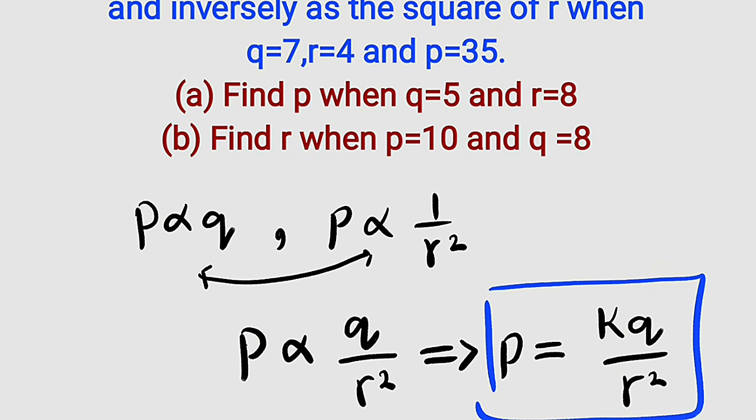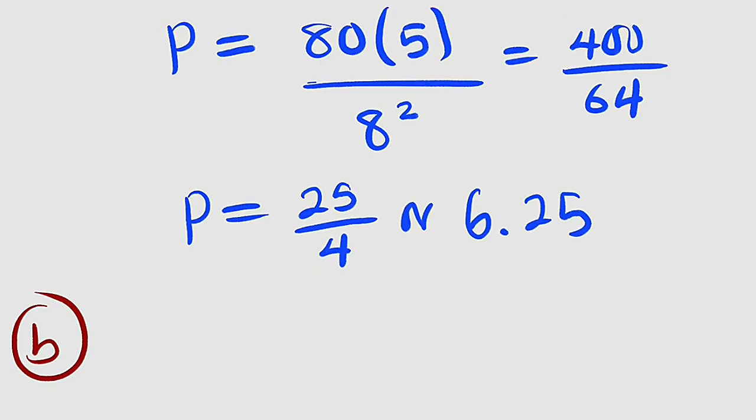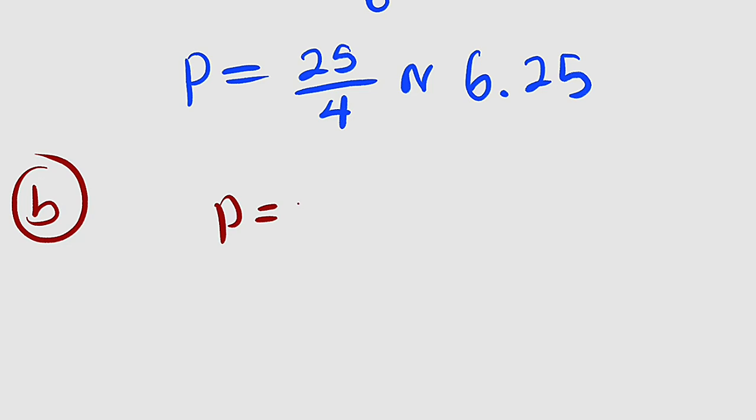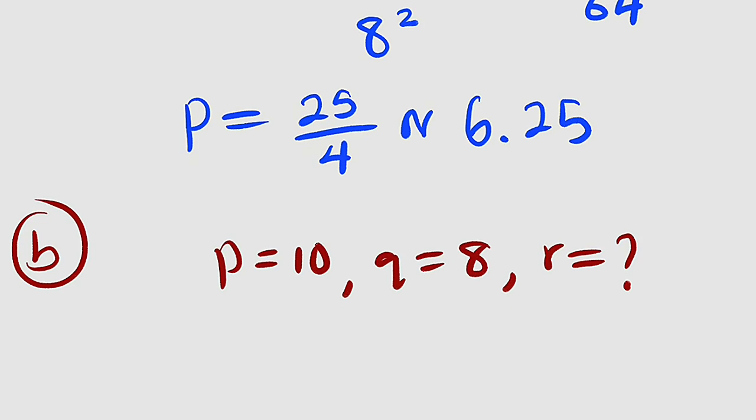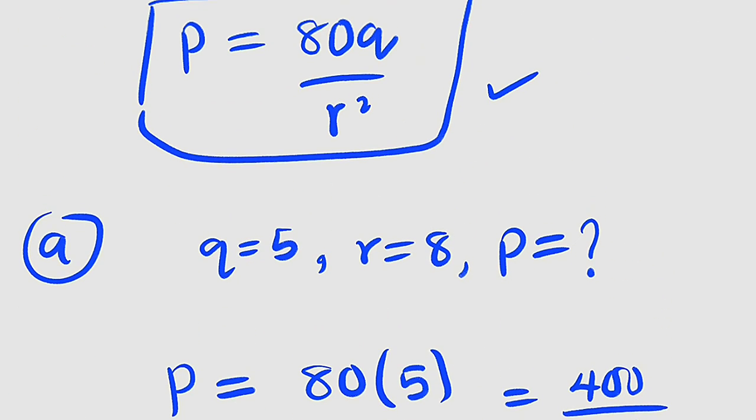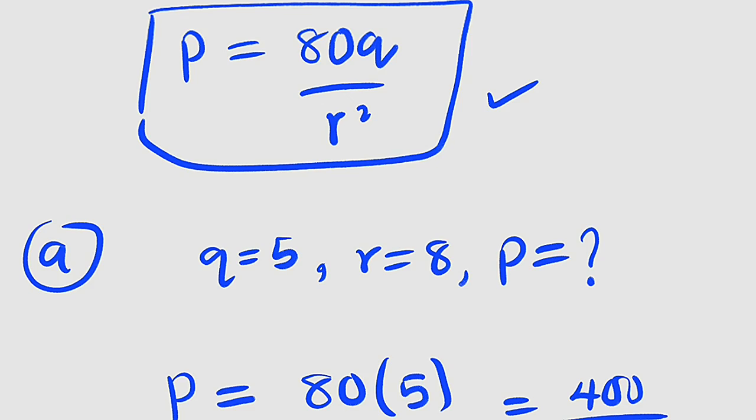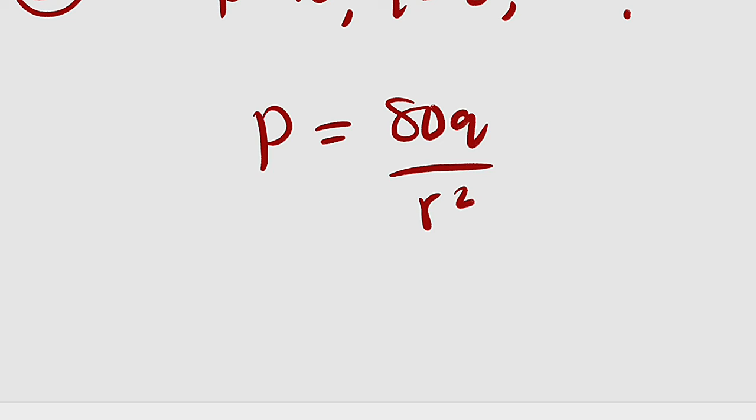We're asked to find R when P equal to 10 and Q equal to 8. P equal to 10 and Q equal to 8, we are looking for R. Remember always to use the relationship, which is P equal to 80Q divided by R squared.